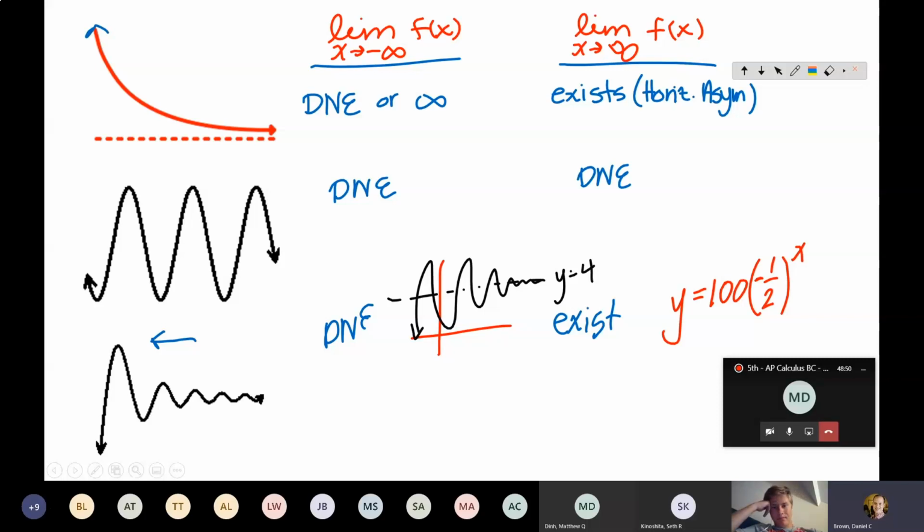So it depends on where it's leveling off and what the function looks like. The main thing I think about when I'm dealing with limits at infinity is I look for some sort of horizontal asymptote or horizontal trend. Any other questions?